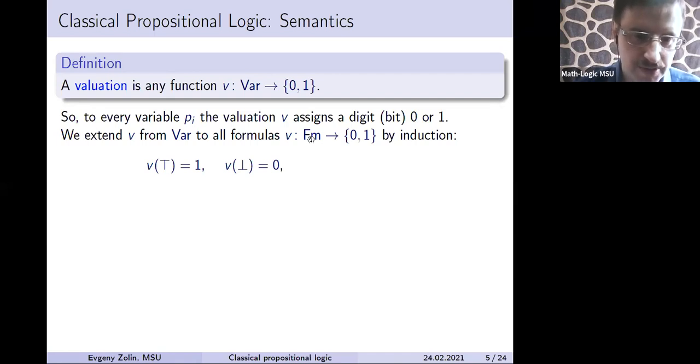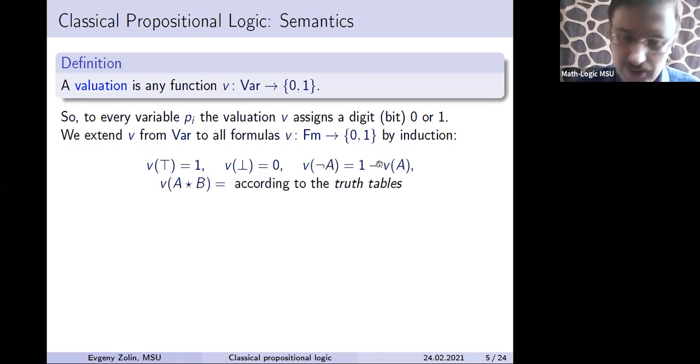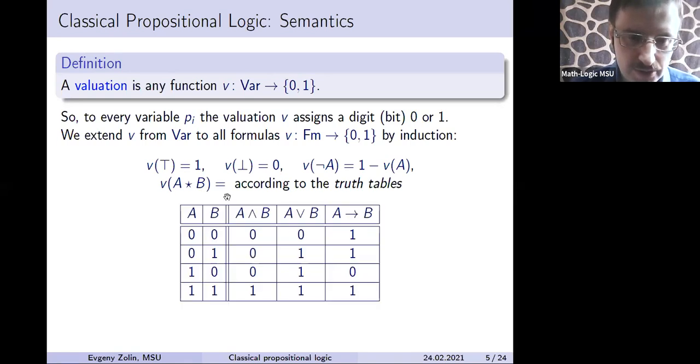True is always evaluated as 1. False is always evaluated as 0. For negation, of course, we know 0 turns into 1, 1 into 0. And for other binary connectives, we know the tables. They're called truth tables. Familiar to all listeners, I believe.